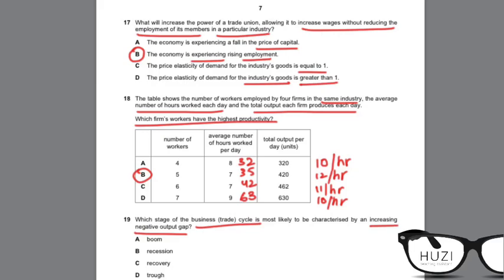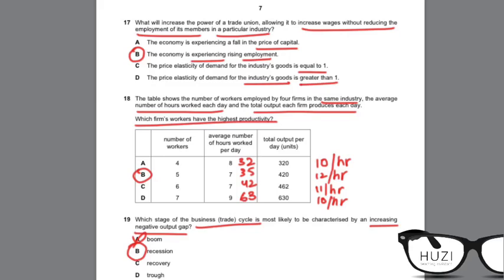This means that it's either a boom or a recession. But then again, if it was booming, it would have been a positive output gap. They're producing more than there is demand. It's basically all inflationary. So this is not the answer. It should be B, negative output gap. They're not producing as per the demand, as per the levels of income.